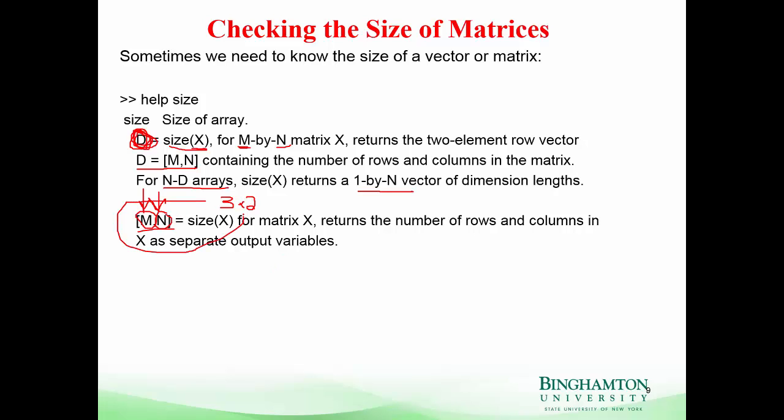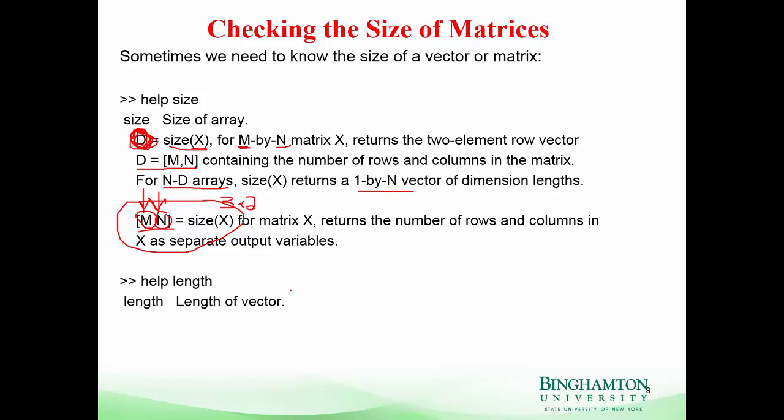So this is a very common way to do it. I don't think I've ever done it assigning it to a vector, but I could, and then extract it from there if I wanted. A related command is called length, and that's often more useful when we know that we have a vector rather than a matrix.